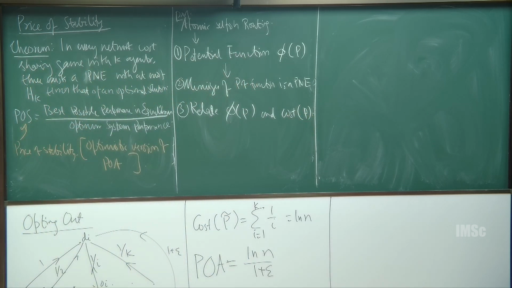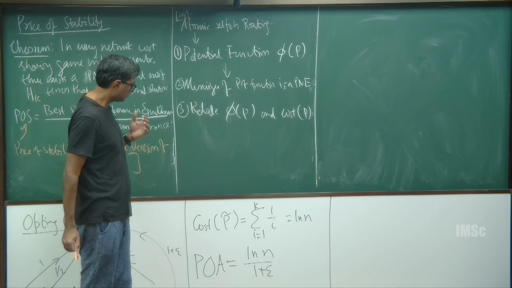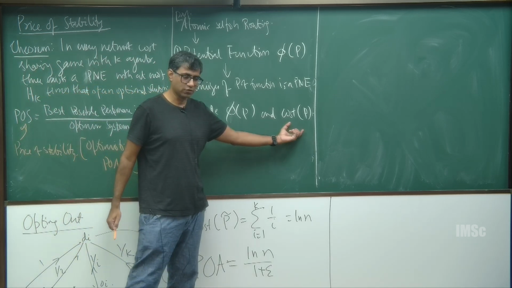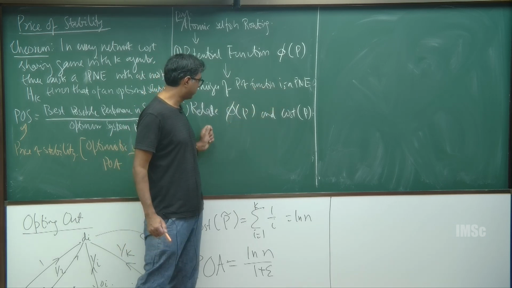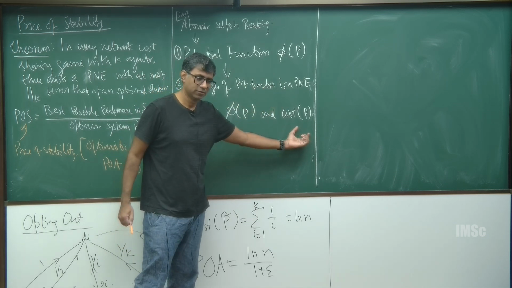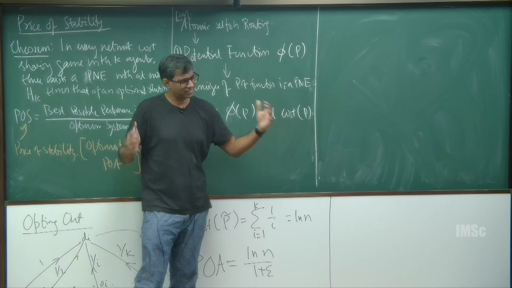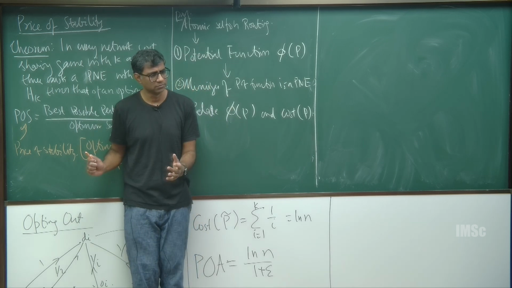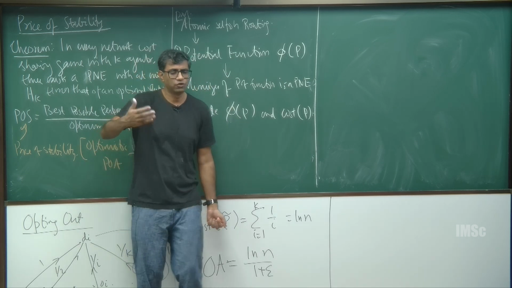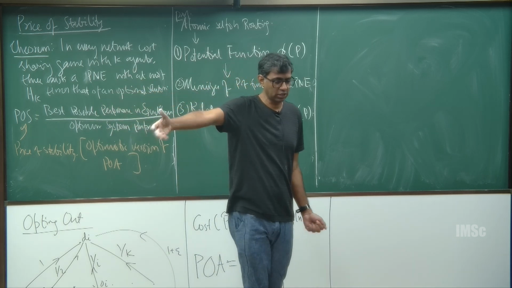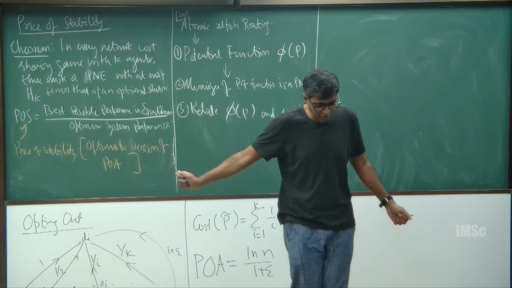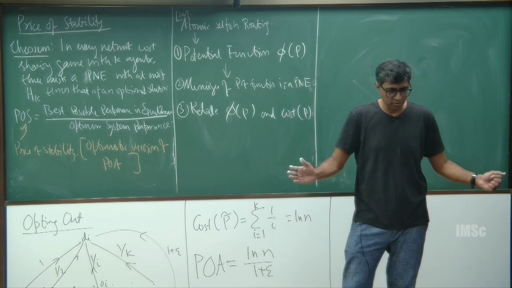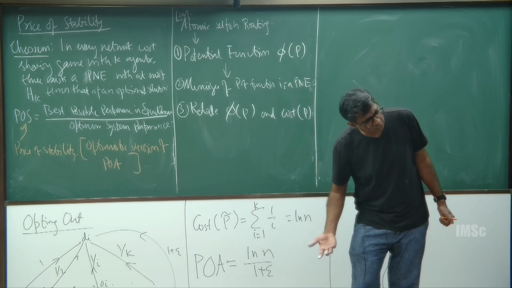It is like a normal approximation algorithm. The point is that if I relate phi p and cost p, then I also get related to the equilibrium and cost p. Like when you want to do ILP, this is what you want to approximate, you do it with LP, and if you have a relation between LP and ILP with some gap, that gap is your approximation factor.